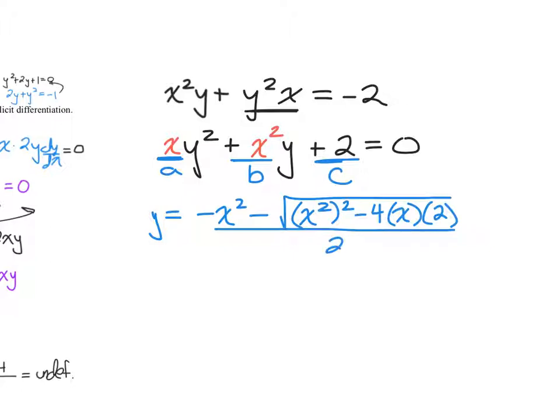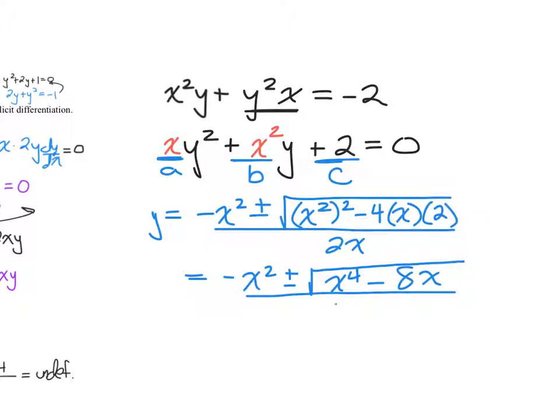All right, so all over 2x. So negative x squared, I don't know why I just did the minus. It's plus or minus. If you're doing a calculation, you do it one at a time. That's Monday morning. So x to the 4th minus 8x all over 2x is what y would be equal to.